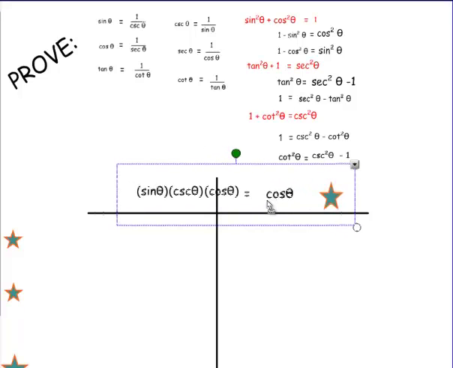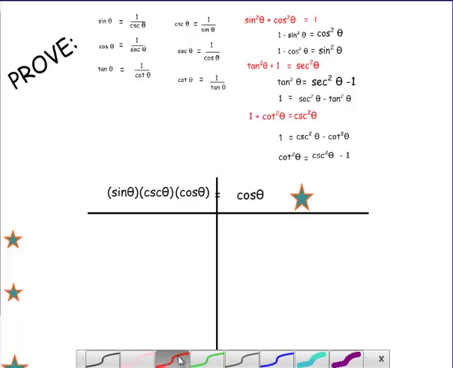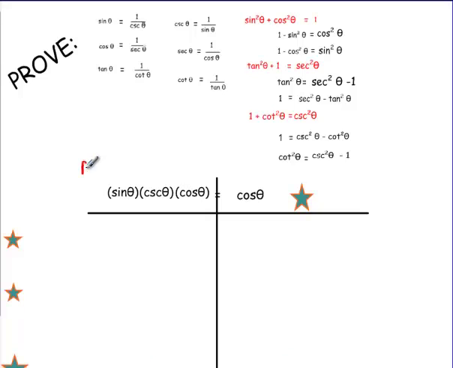We want to prove that one side equals the other side, so we want to prove this side can boil down to that side. And we're going to use our identities to do it.